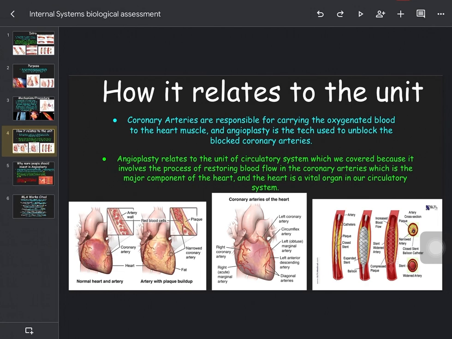Basically, angioplasty relates to the unit of circulatory system which we covered, because it involves the process of restoring the blood flow in the coronary arteries, which is a major component of the heart. And as we know, the heart is a vital organ in our circulatory system, and the circulatory system is one of the systems which we covered in our internal systems topic.